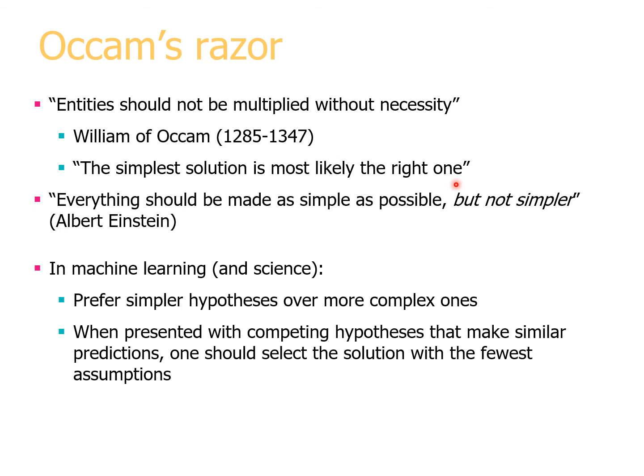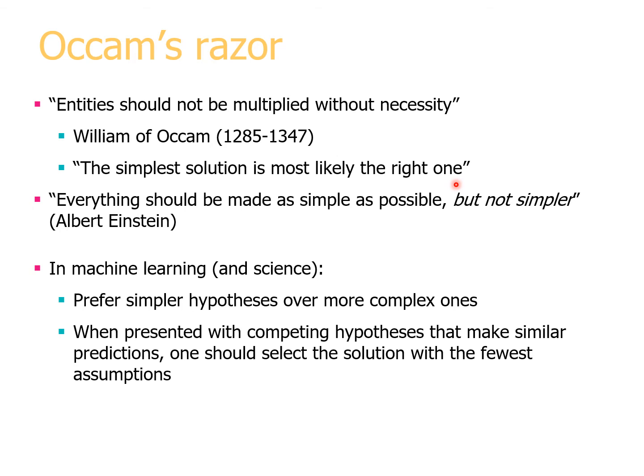So that's Occam's razor. Again, as I said, this concept is true in decision trees. This concept is true in machine learning in general, and this is also true in our daily life.